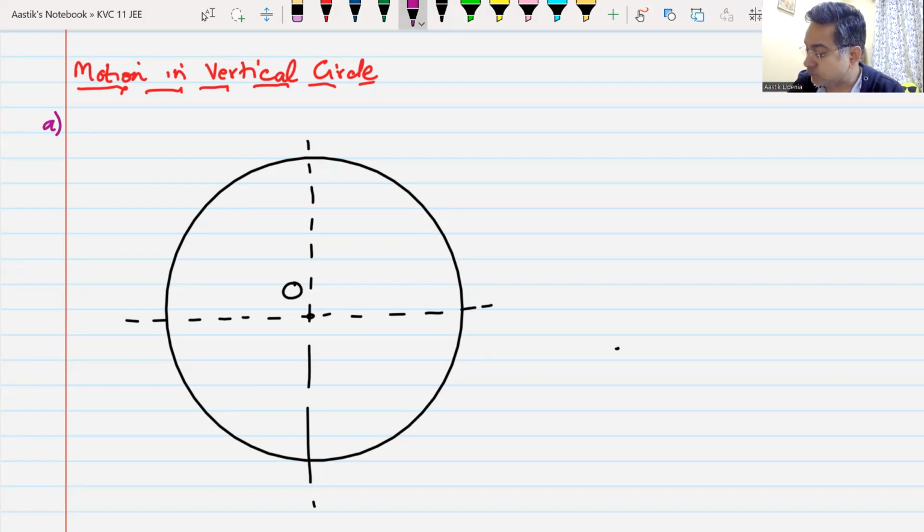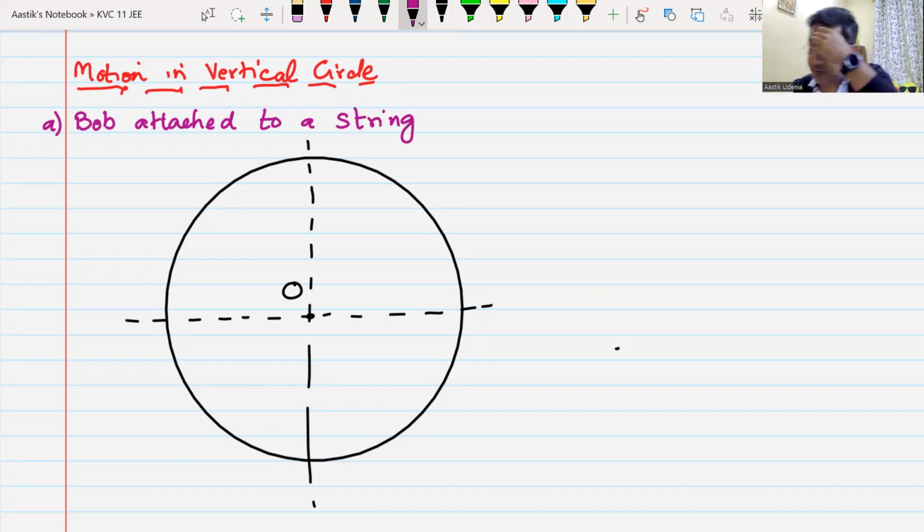Case A: motion of a bob attached to a string. That is the simplest example of motion in a vertical circle. You can also call it a pendulum, but this is actually not a simple pendulum because it is going to move completely.